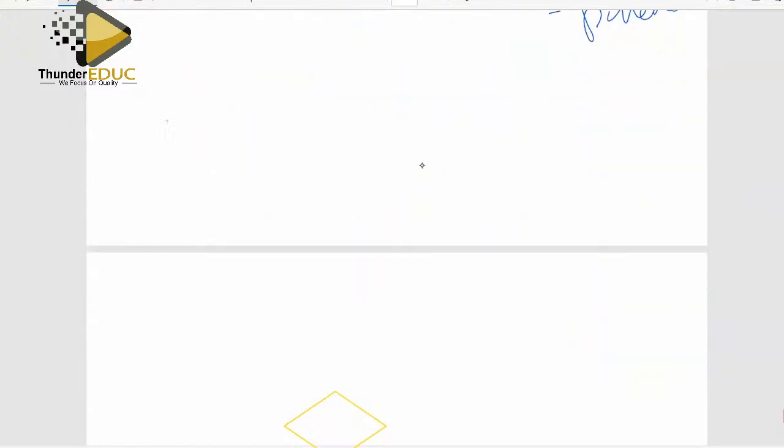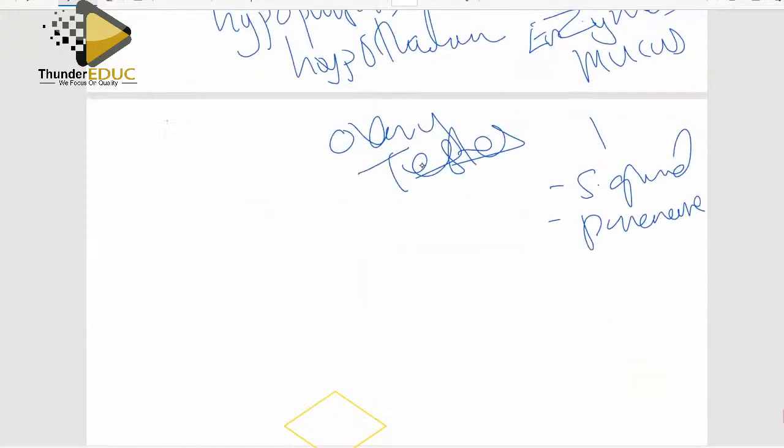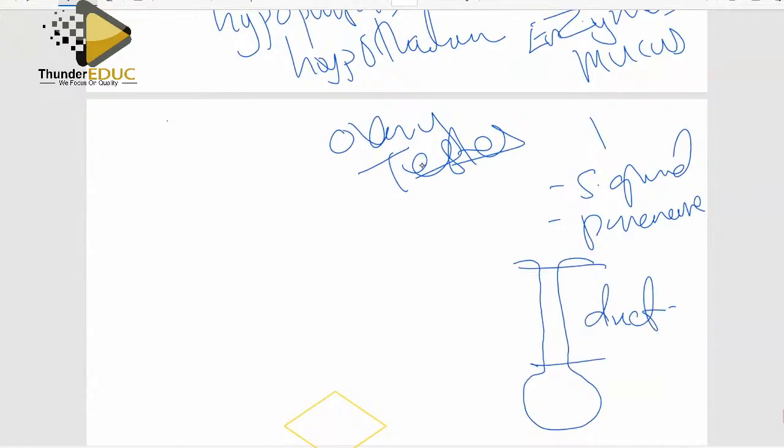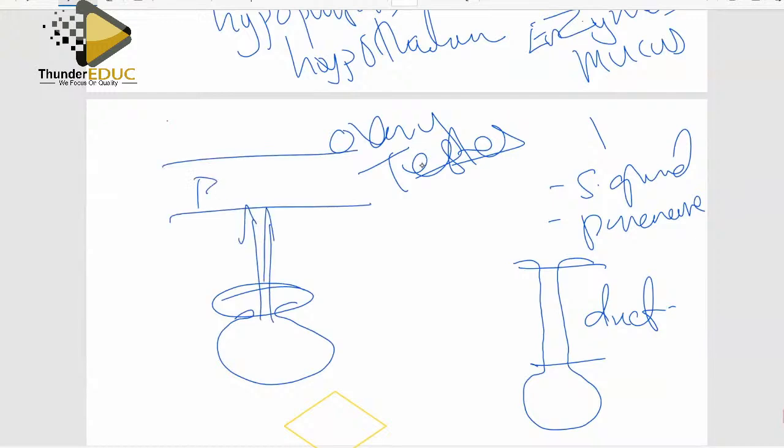So let me show you what the exocrine gland looks like. It has a tube, this duct, which is called a duct. While the endocrine glands are ductless. They don't have the neck. Meaning that when they release their substances, they go to the blood stream.